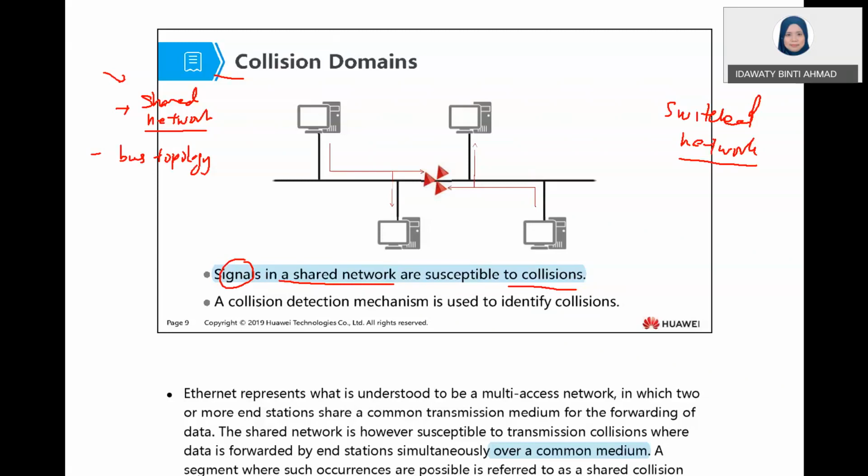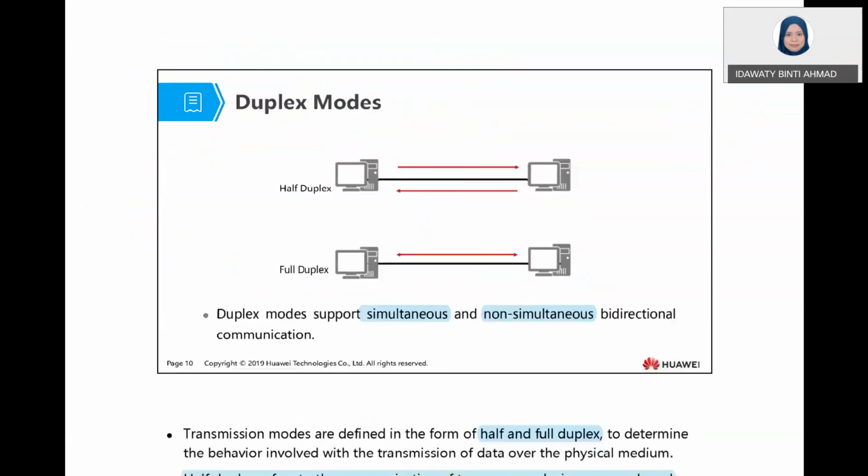And the host, the network card here. Last time the network card only had what we call half duplex. I guess the slide that explains this half duplex is in the next slide, duplex modes.